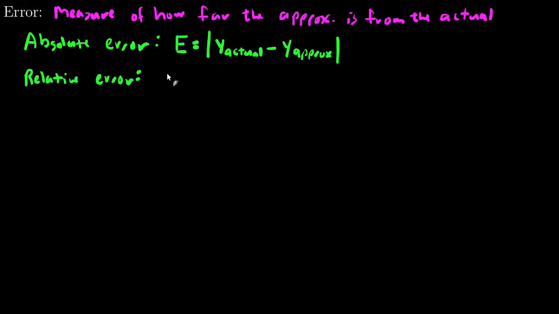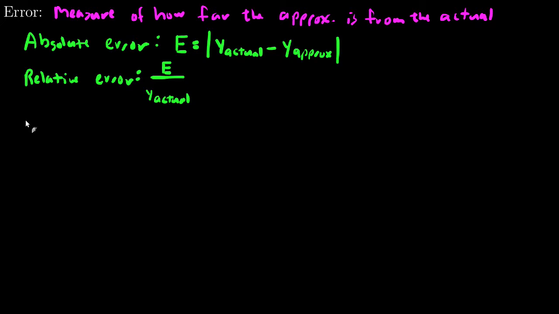And the relative error is basically the error divided by the actual value. And I prefer this as a way to look at things because I'm used to seeing 0.5 meaning half, 0.2 meaning 1/5, and that type of thing.